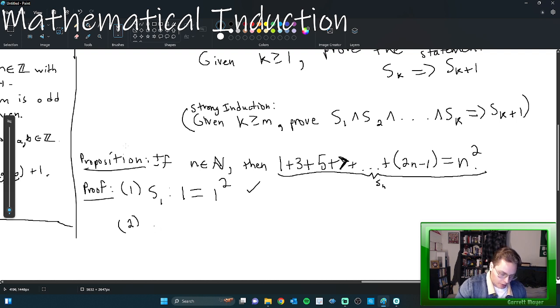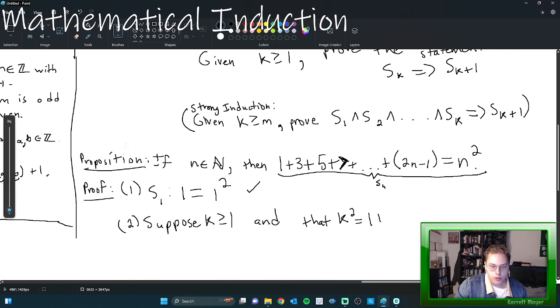So we can move on to the inductive step. With the inductive step, we're going to suppose k is greater than or equal to 1, and that k squared equals 1 plus 3 plus 5 plus 7 plus ... plus 2k minus 1.